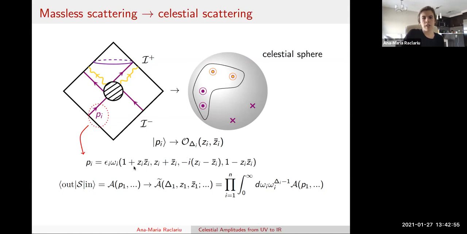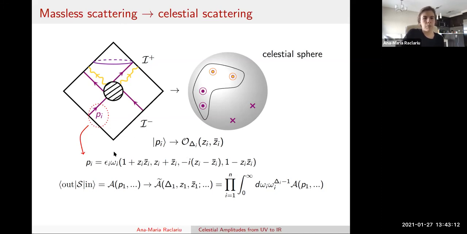Using this parametrization it is already clear that each asymptotic state is labeled by a point on the sphere, namely the point at which either an incoming or an outgoing particle pierces the celestial sphere.